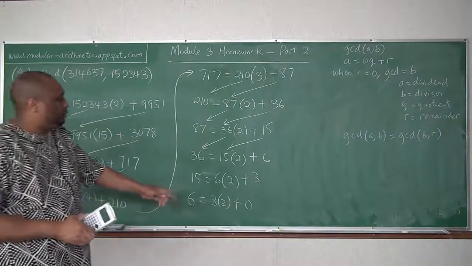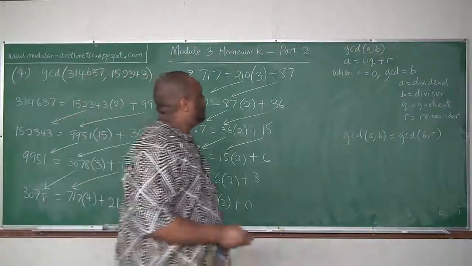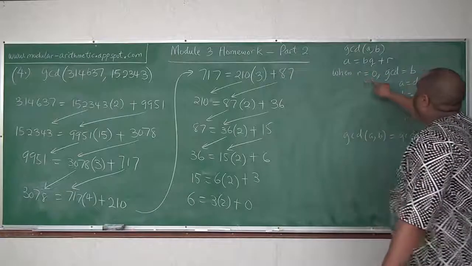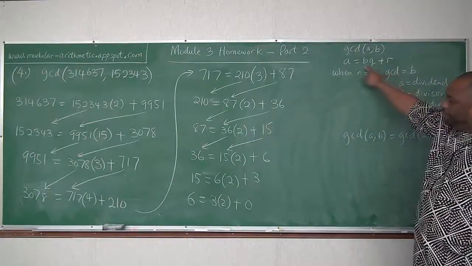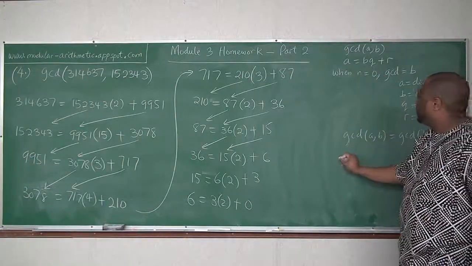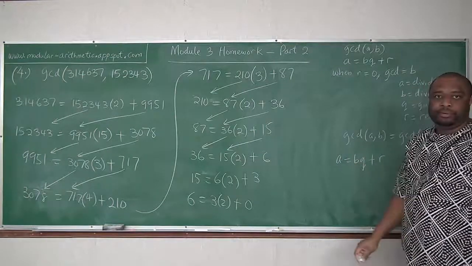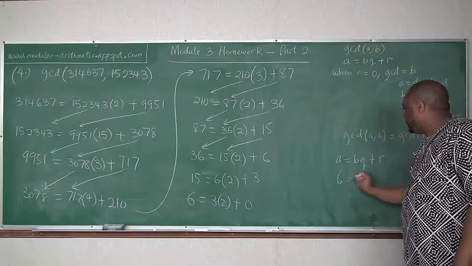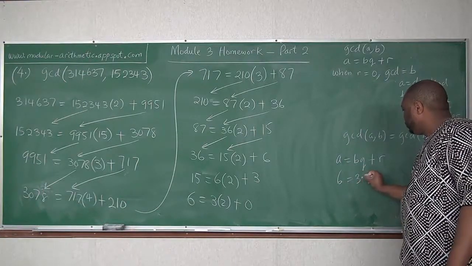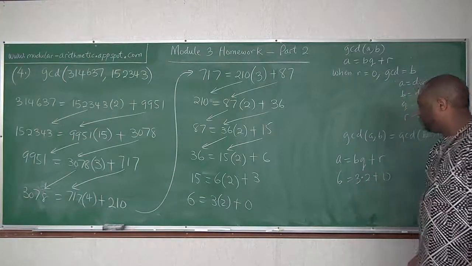So you now look from here, when R is 0, the GCD will be B. Okay, so you look at A equal to BQ plus R, right? So 6 is 3 times 2 plus 0.